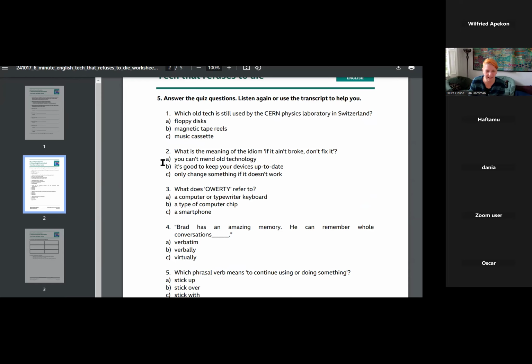And let's see. What about the second one? If it ain't broke, don't fix it. What does that idiom mean? Do you remember? Which one of those? Yes, well done. Really good. Right, and what does QWERTY refer to?